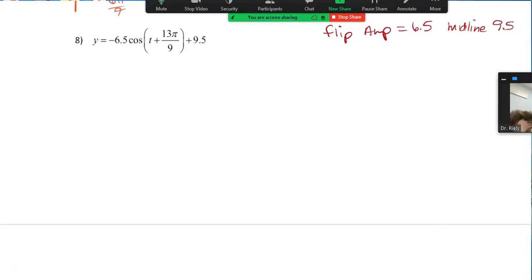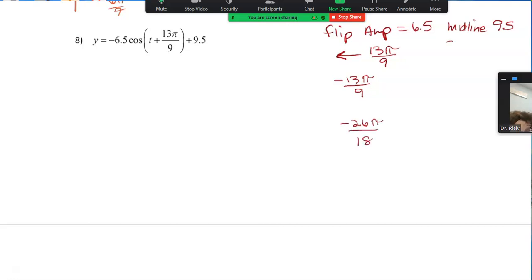And I'm shifting, it looks like to the right, but it's really going left, by 13 pi over 9. Therefore, my first angle would be negative 13 pi over 9, but the odd number in the denominator is problematic, so make that negative 26 pi over 18.